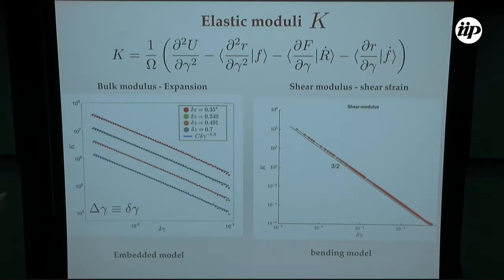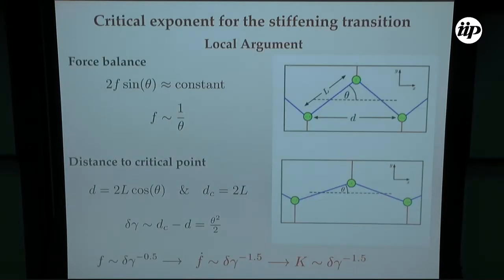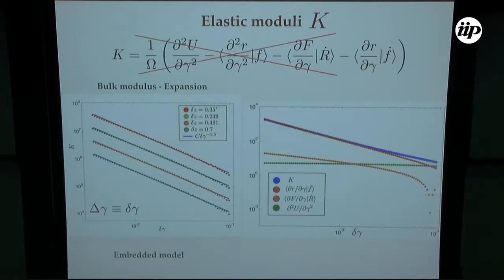exponent. Another interesting thing is that we can now see, numerically or theoretically, which of these terms are the most relevant, and one can realize that the only term dominating here is just the last one. This is just the numerics.